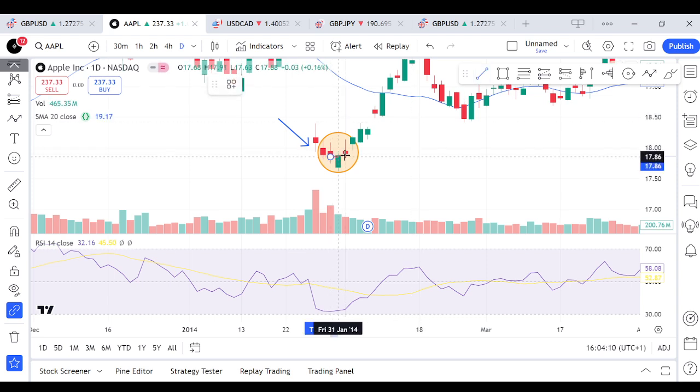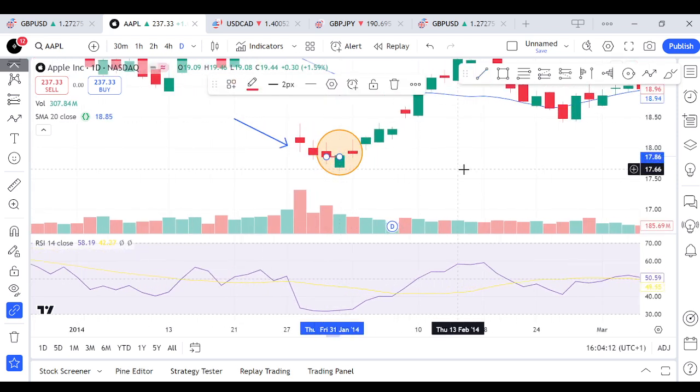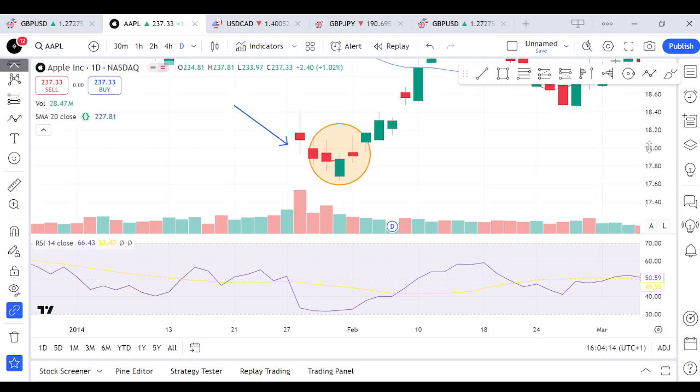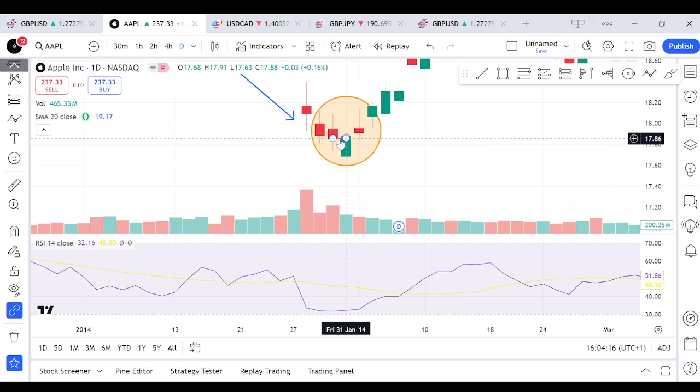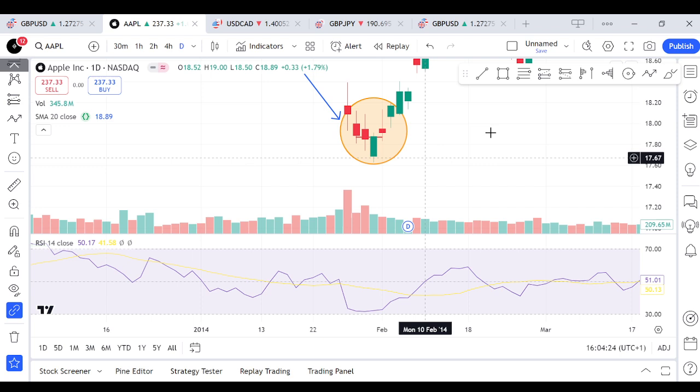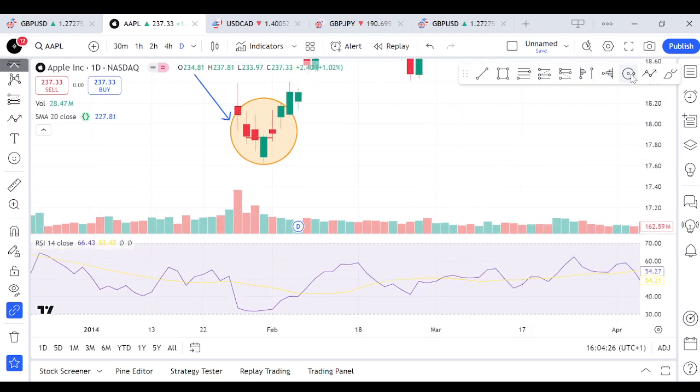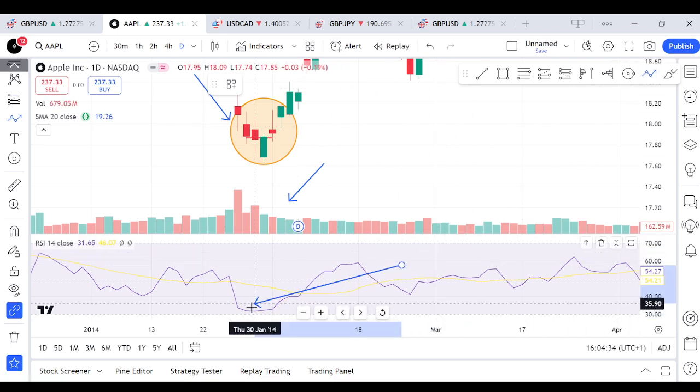Price closed almost exactly with the first day's candle, and that shows us that we should be looking for buying opportunities right here. You can see the buying volume corresponding, and you can also see the RSI being a little bit close to 30 right here, showing that this market might be oversold.